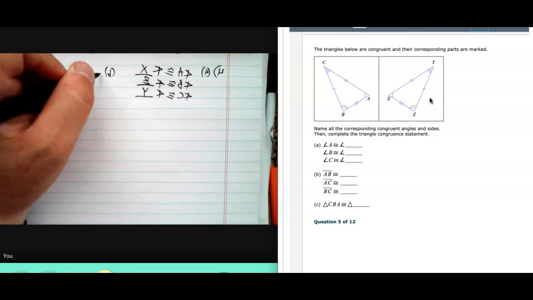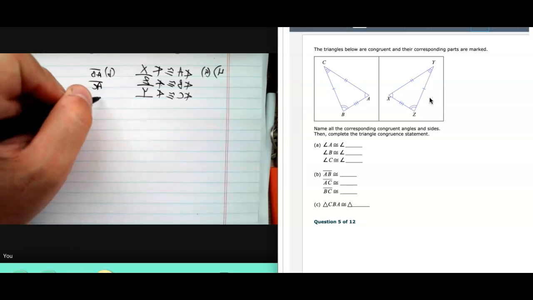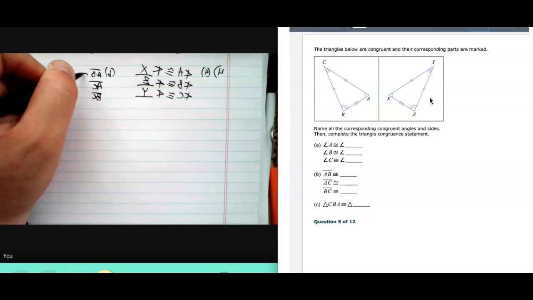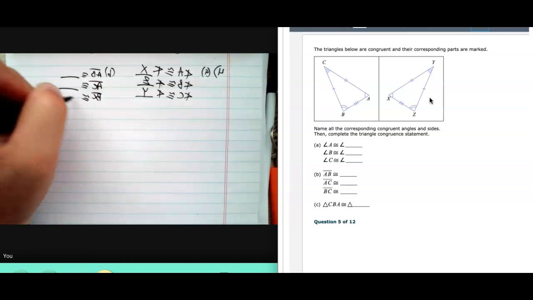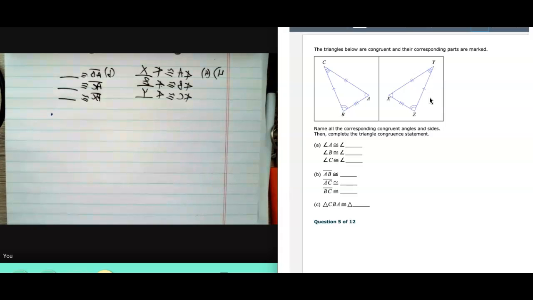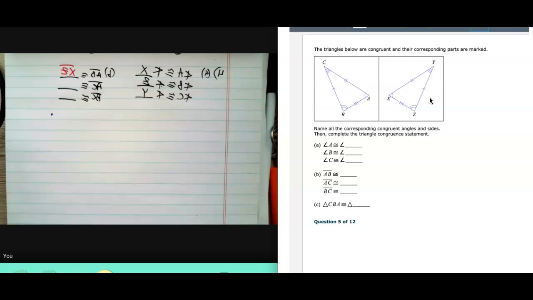Now the sides. Part B is, the side is AB, then AC, and then BC. Once again, for the sides, I'm just going to use the marks to fill in the blanks. Right, AB has 3 marks, and then XZ has 3 marks, so that's the corresponding part there.